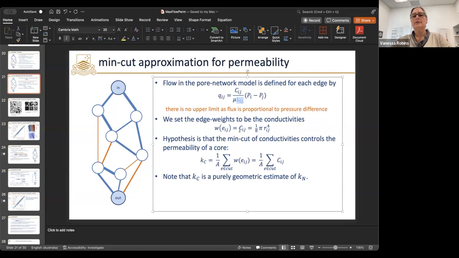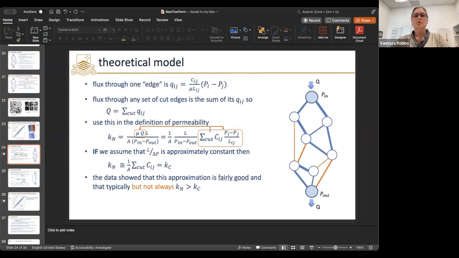So then the question is, why do we just look at these weights, the radii, and not the length as well? And I think the reason for that is because we expect the pressure difference to be proportional to this length. That's the physics model here, that we always expect the pressure difference to be proportional to the length.